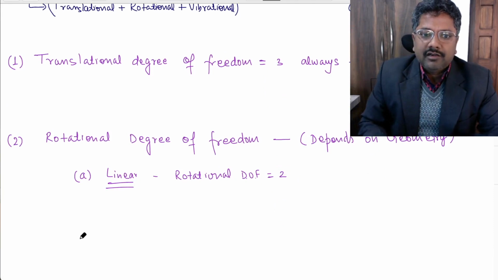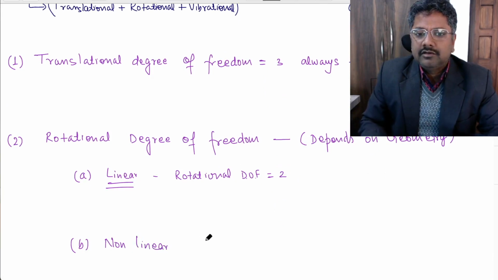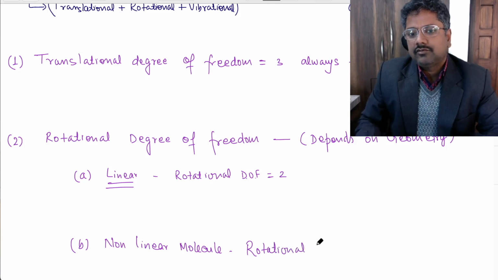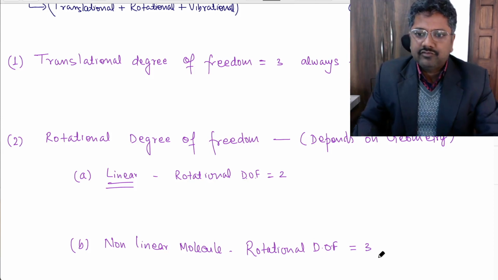And for a non-linear molecule, rotational degree of freedom is equal to 3. All three axes are free to move.